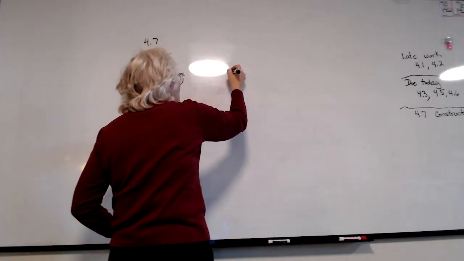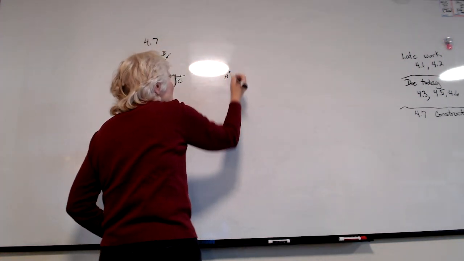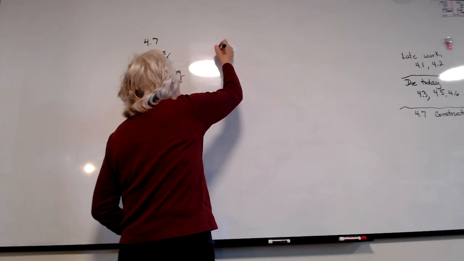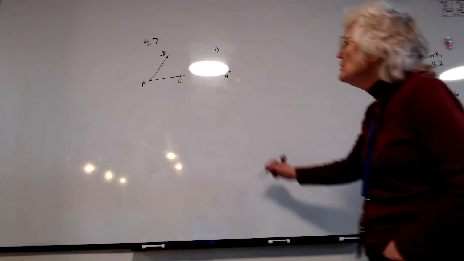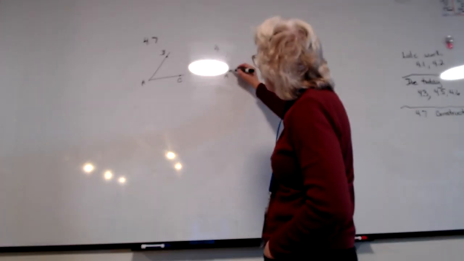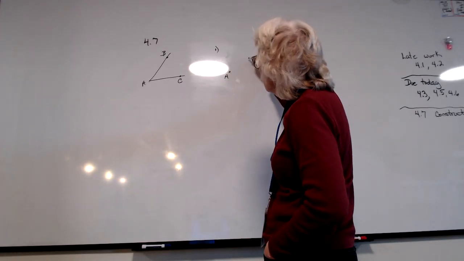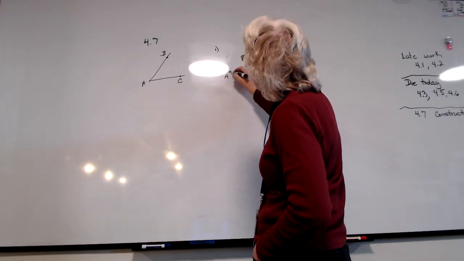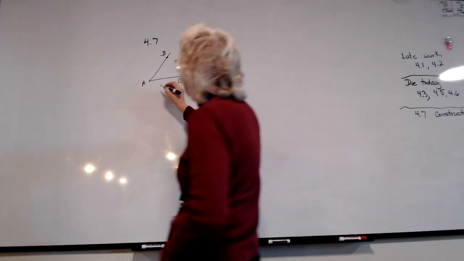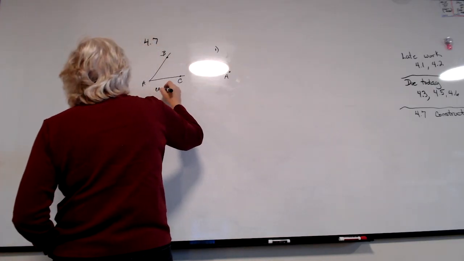So we're going to start with our point A. So number one, you start with point A. Number two, you're going to measure this distance. So you're measuring AC, with your compass.